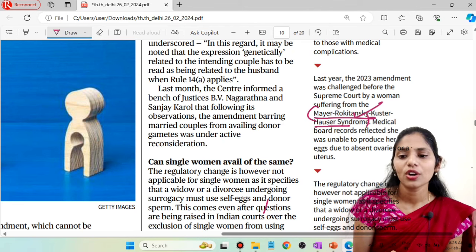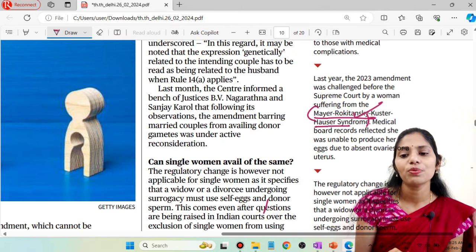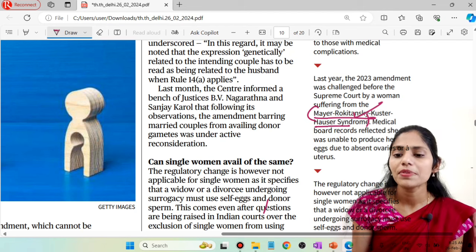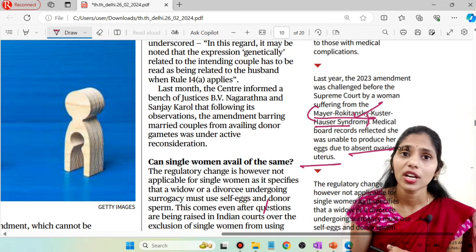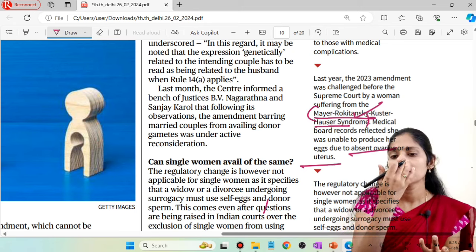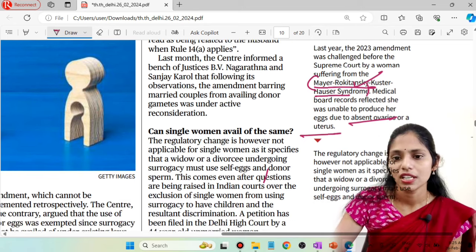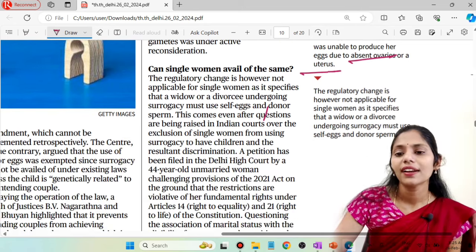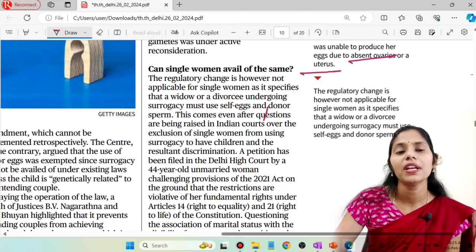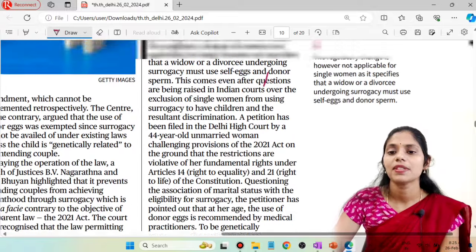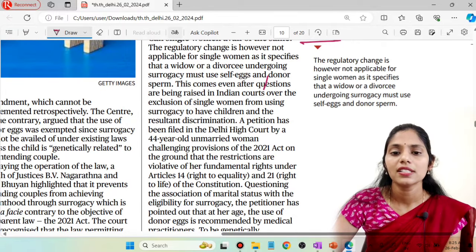The medical board records reflected that she was unable to produce her own eggs due to absent ovaries or uterus. However, the regulatory change is not applicable to a single woman, as it specifies that a widow or divorced woman undergoing surrogacy must use her own eggs as well as donor sperm.